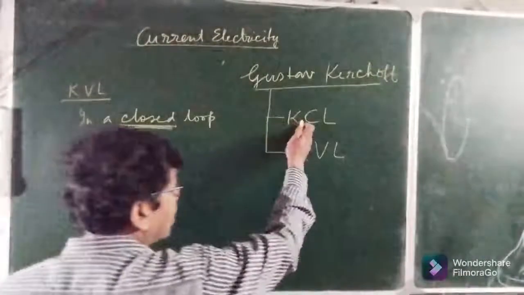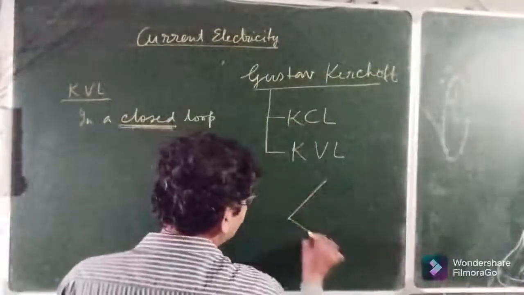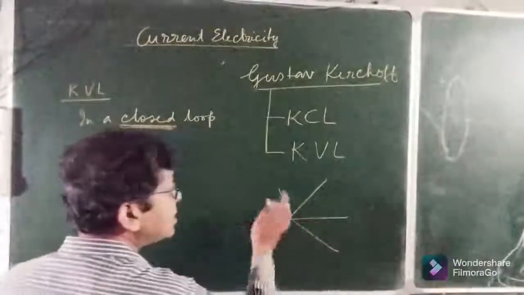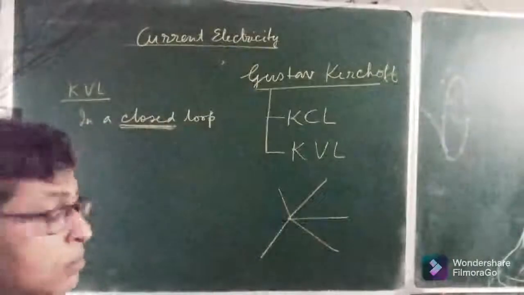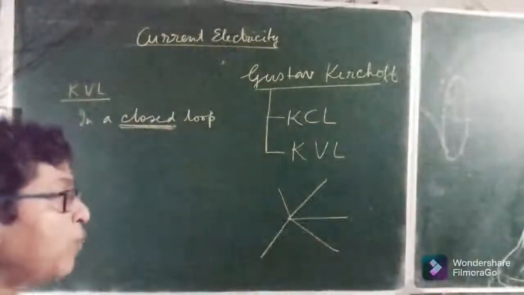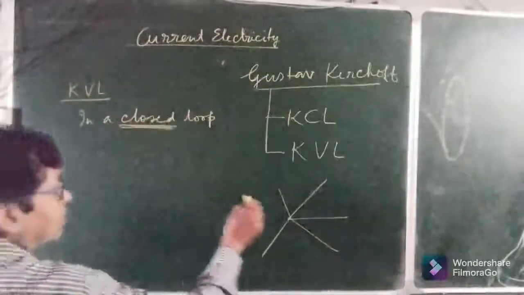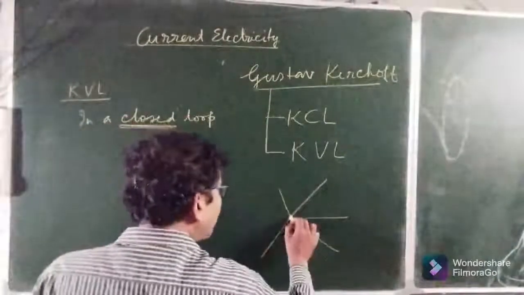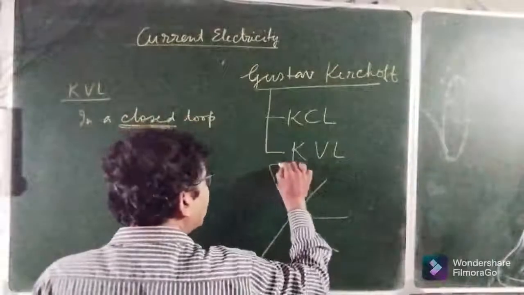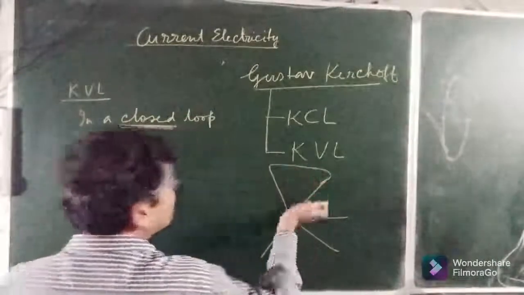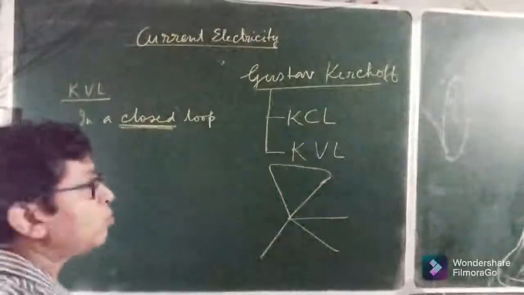Now, in the current law, when we draw like this, many circuits are open. But in this case, the circuit will start and end, so that a closed loop can be formed.